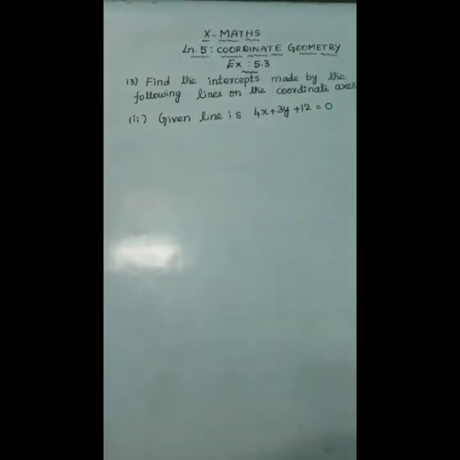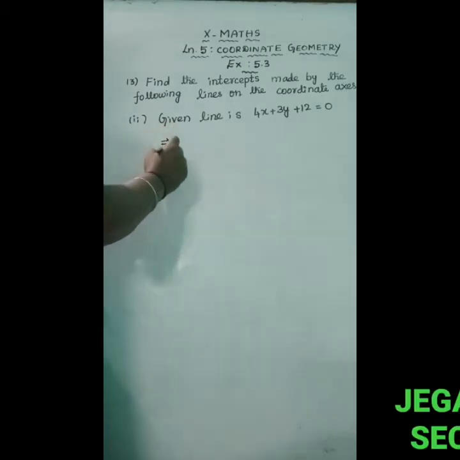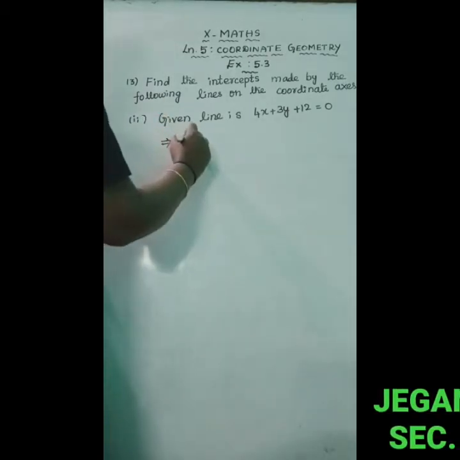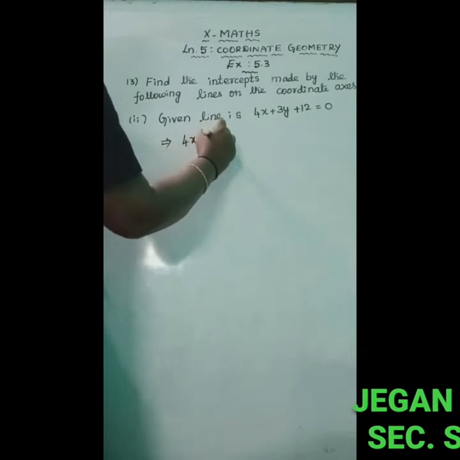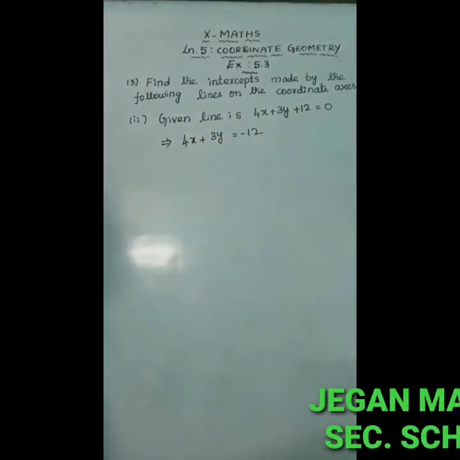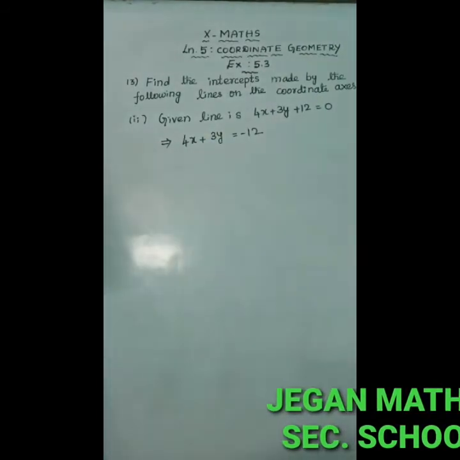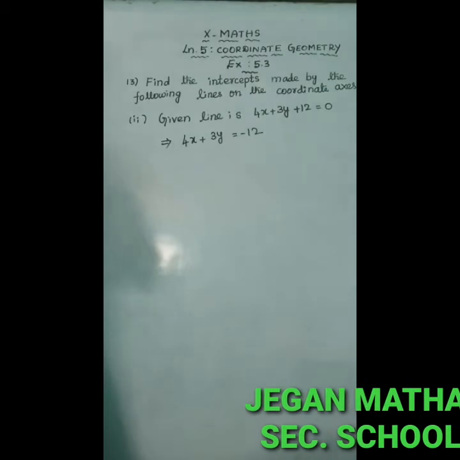The next line is 4x plus 3y plus 12 equal to 0, we find the intercepts for this line. So first the constant term moves to the right hand side. We have 4x plus 3y is equal to minus 12. So here the constant term is minus 12 on the right hand side.